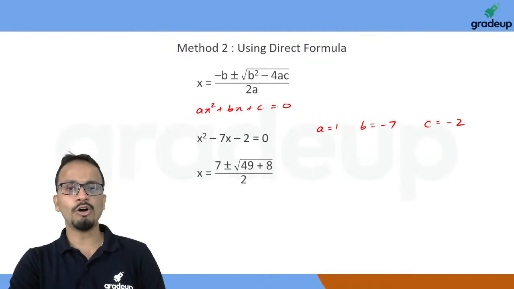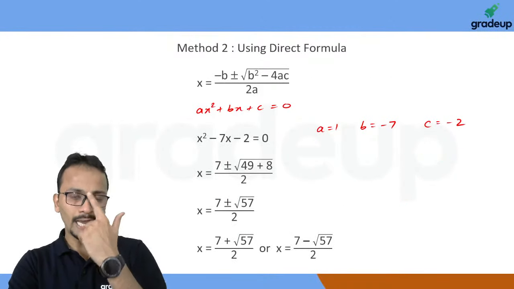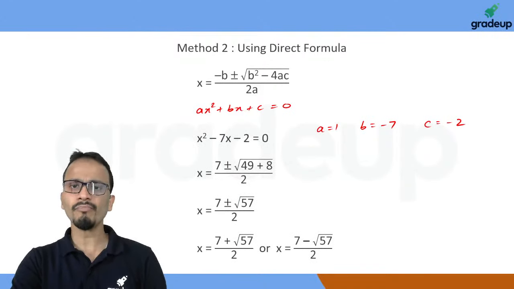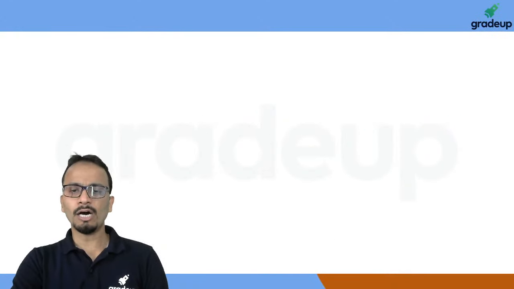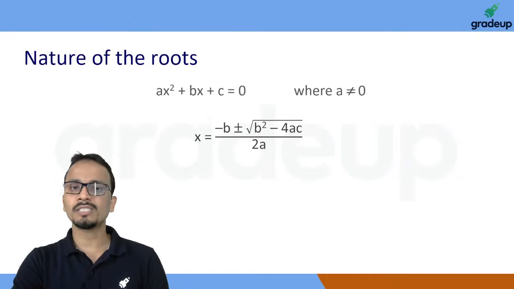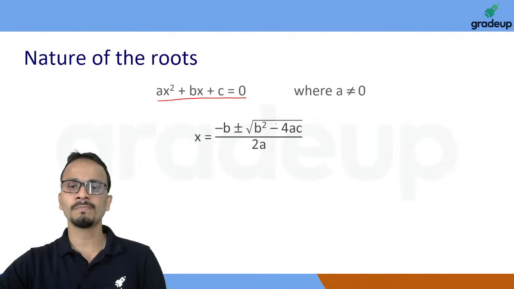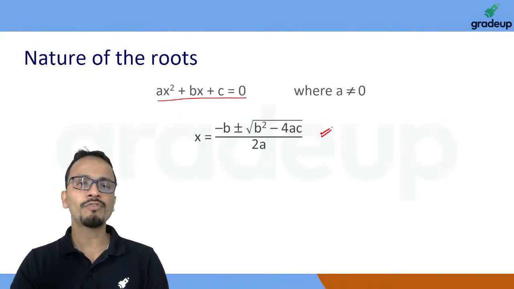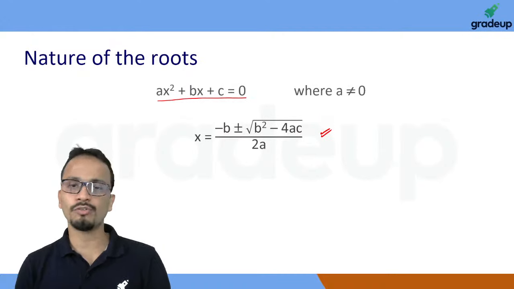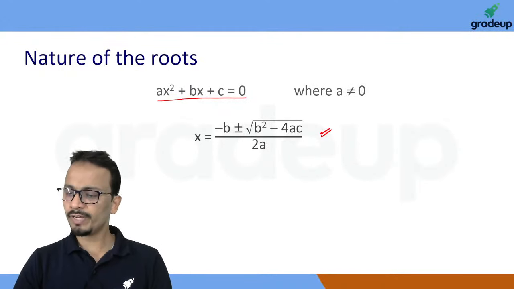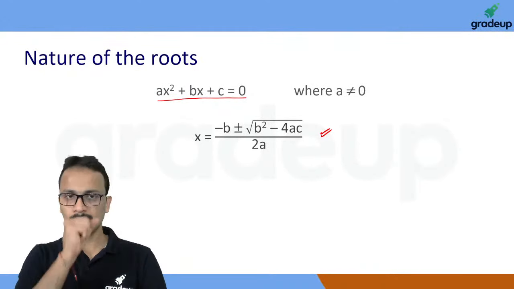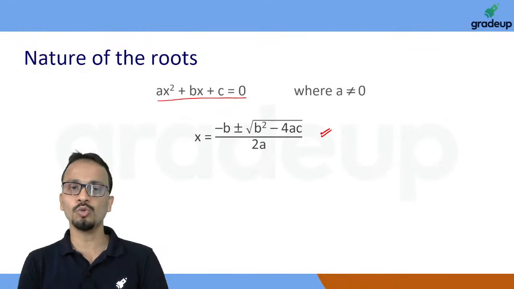Friends, let's move ahead and look at the next few things. If we look at this direct formula, this is the quadratic equation that is given to us, and this is the direct formula for finding the values of x. Now we are going to talk about the nature of the roots of this quadratic equation.